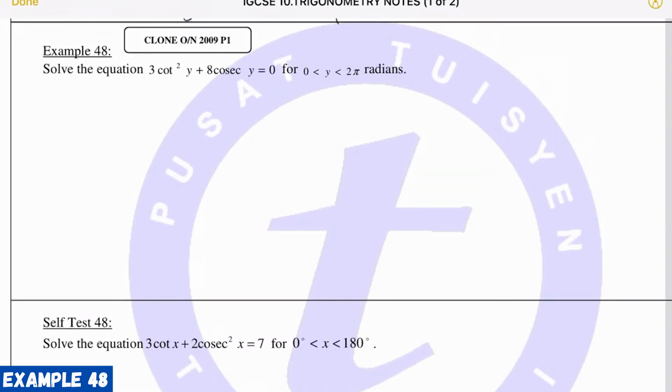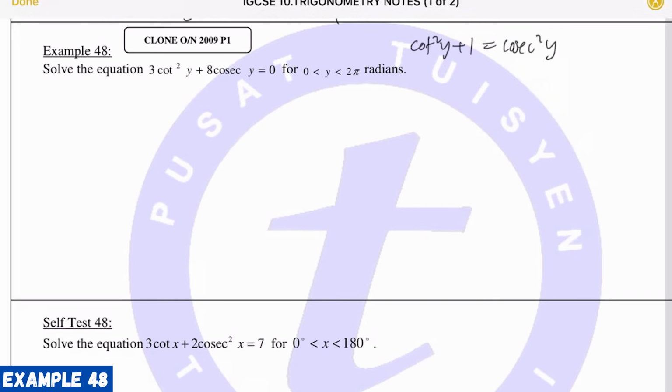Example 48. In this example, we have an equation 3 cotangent square plus cosecant. So I can tell that we have to use the cotangent square plus 1 formula: 1 plus cotangent square equals cosecant square x, or in this case cosecant square y.